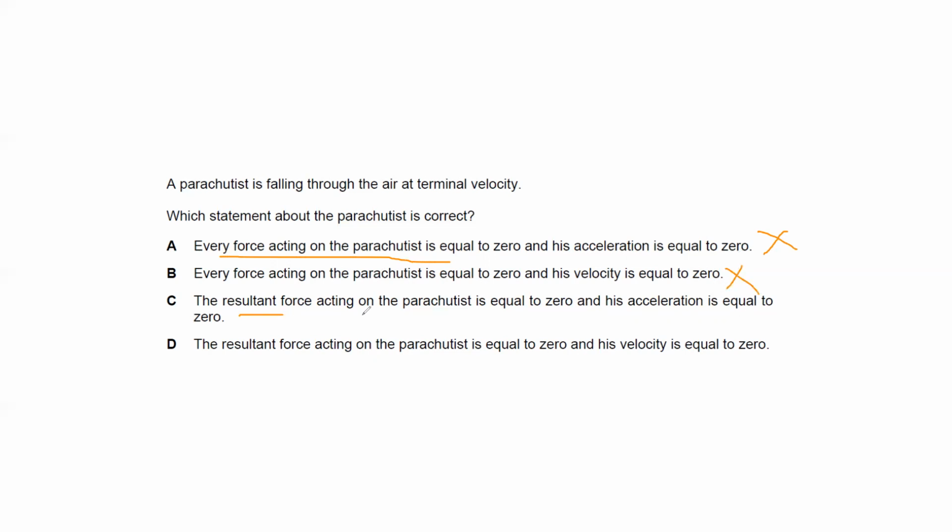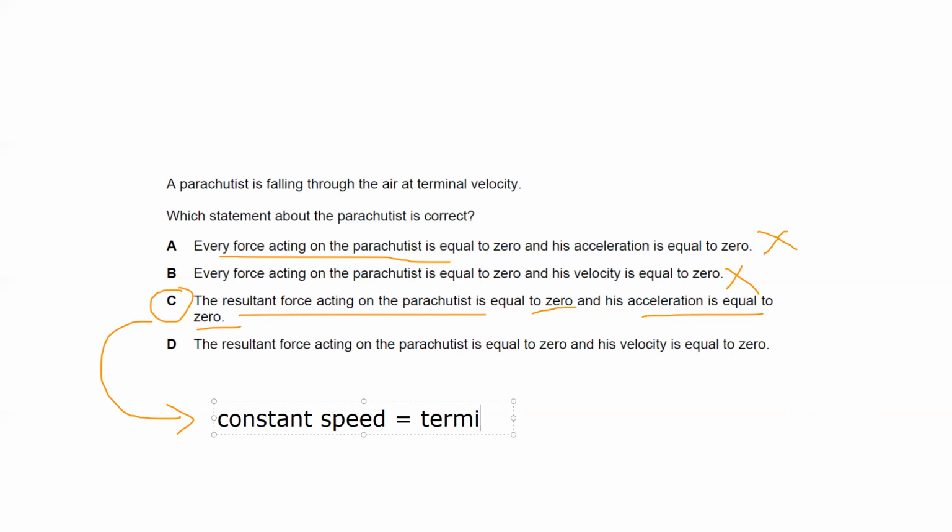But the resultant force acting on the parachutist is equal to 0, and when the resultant is 0, the acceleration will also be 0. And when acceleration is 0, the object will move at a constant speed known as the terminal speed. Is this part clear?